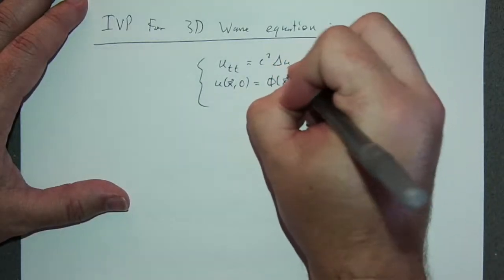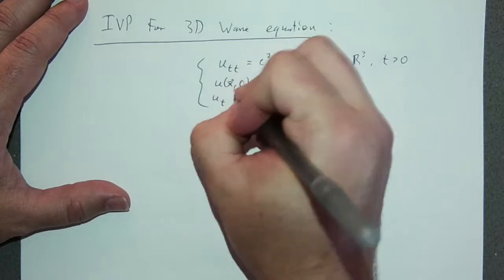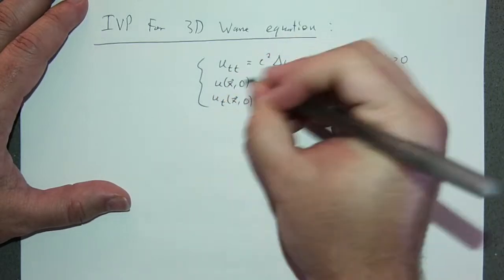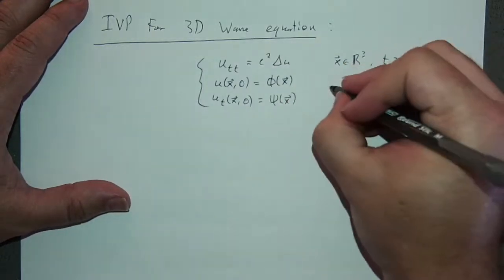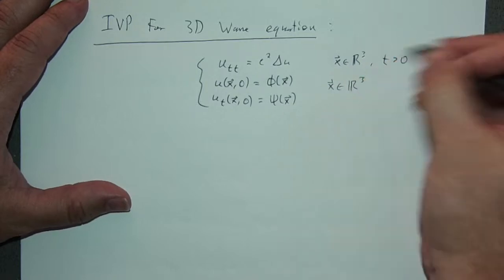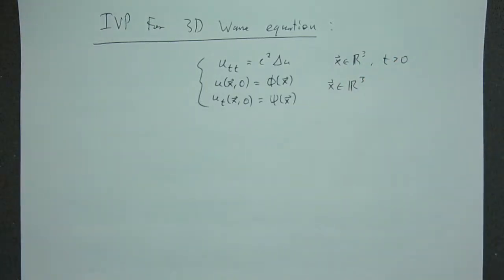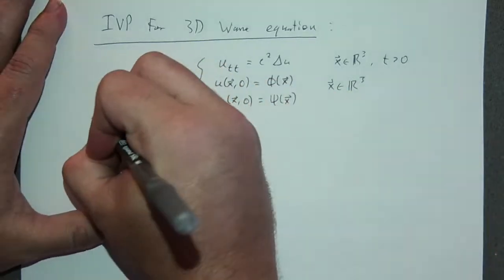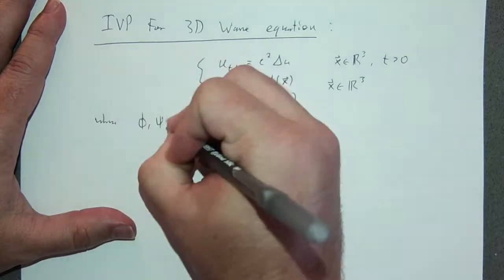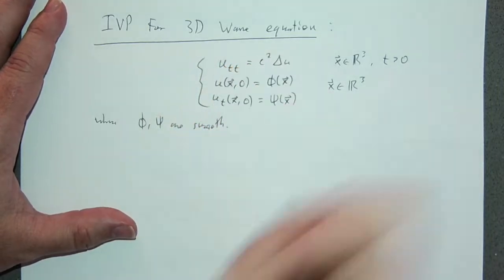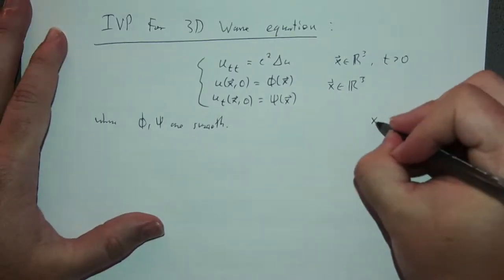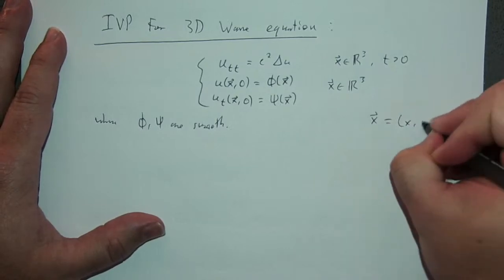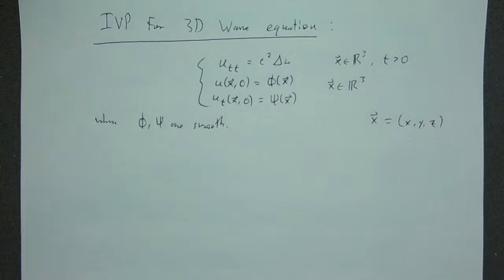It's phi of x, initial displacement phi and initial velocity c, for x in R3, where phi and c are smooth. Here, of course, this vector x denotes a vector with components, we'll say x, y, z. So we're in the 3D case.